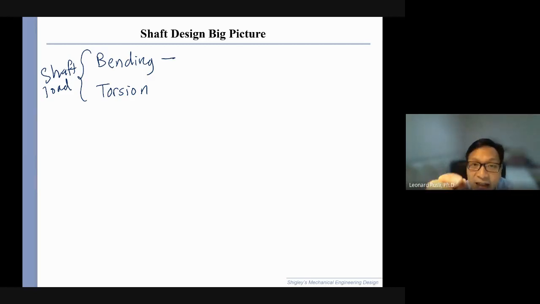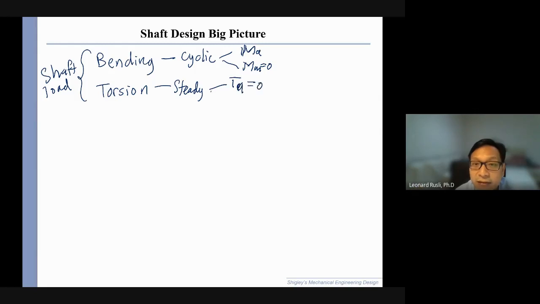Now, bending is typically cyclic, and torsion is typically steady. Therefore, you only have alternating, and MM is 0. Steady means your alternating is 0, and TM is something, right?